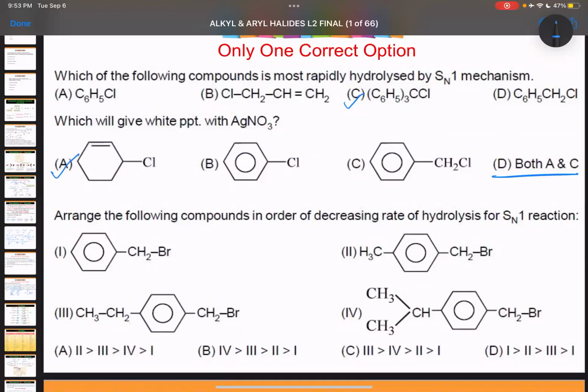So D is the right answer. Sir, how can you say C, sir? C, because it can form a stable carbocation. Actually, C will give the precipitate more readily. The carbocation will be stabilized by resonance. Yes, okay, sir. Right. Yes, sir.